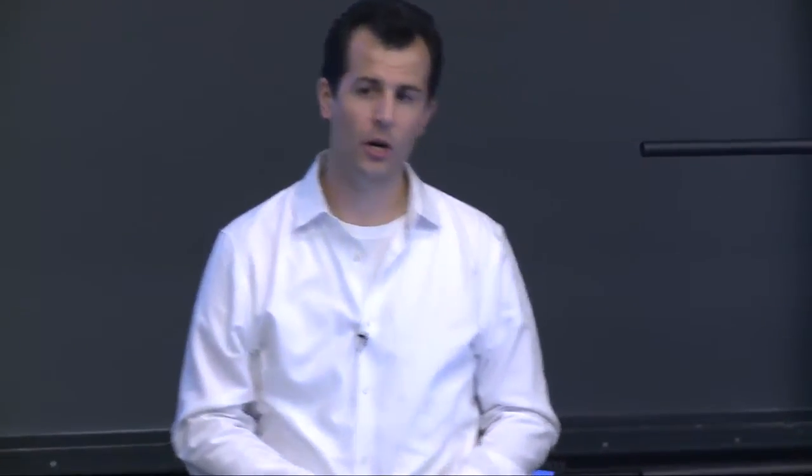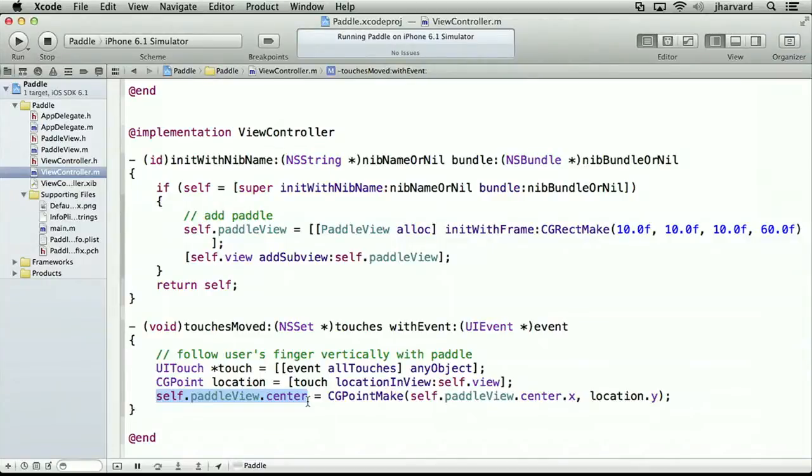The location .y. So if I want to center the paddle, notice what I'm doing here. It turns out that center is a property associated with the paddle view, or more generally, any UIView has a center. And I need to assign it an x comma y coordinate. I'm actually going to change its y location, but I'm not going to change its x location, because I don't want the paddle to start moving along the x-axis in this landscape mode.